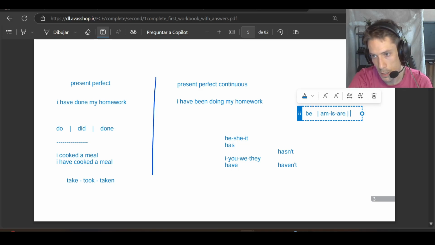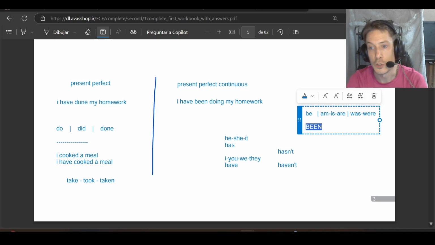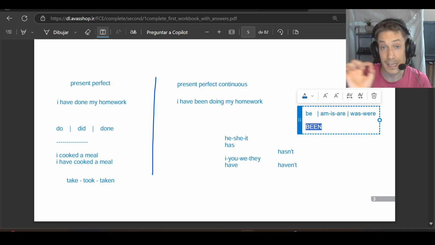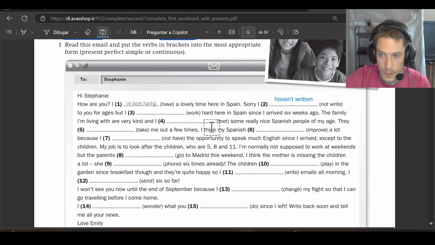Key to know about this. This is the participle. This is for present, this is for past, but this is the third column, okay? This is key to understand present perfect continuous, alright?